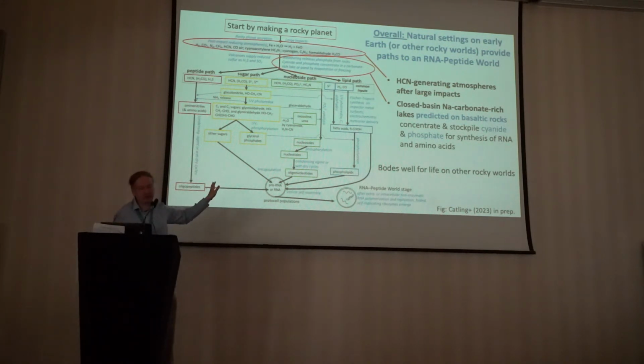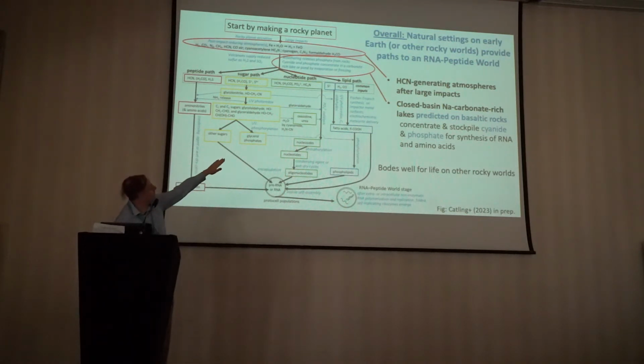Each of these arrows, I could find a paper where somebody's done something in the lab that's relevant, such as phosphorylation, or such as making aminonitriles, for example, Matt Power's work, or making lipid vesicles that then encapsulate ribonucleotides or RNA.